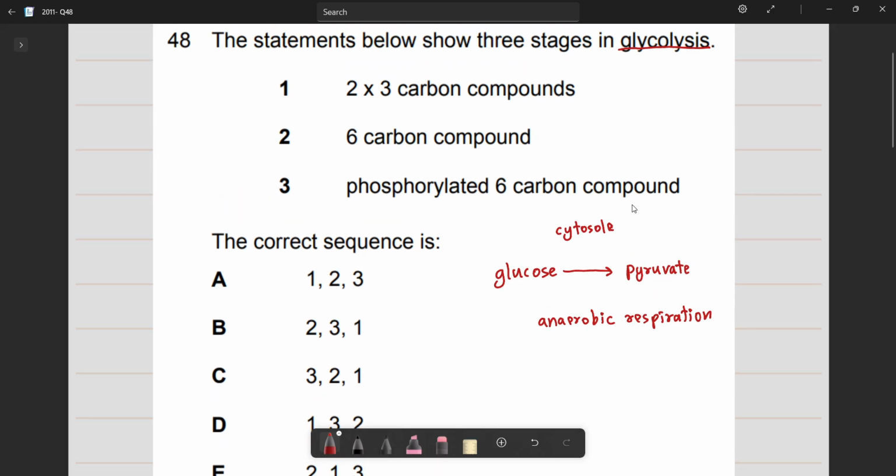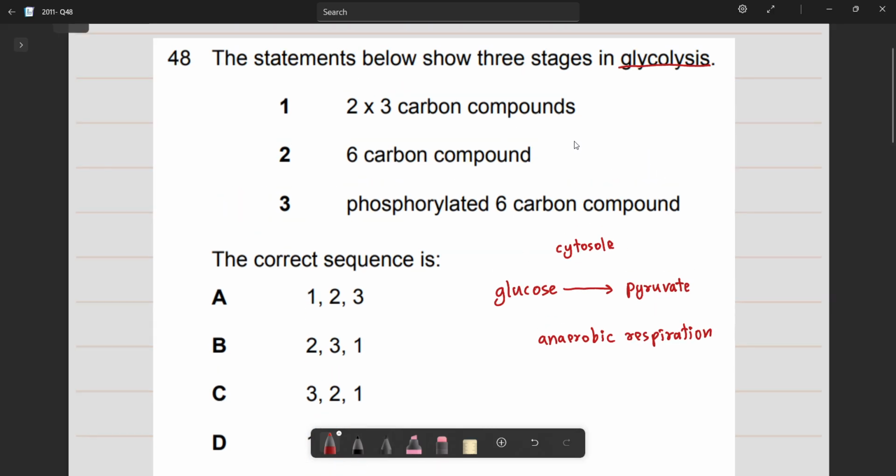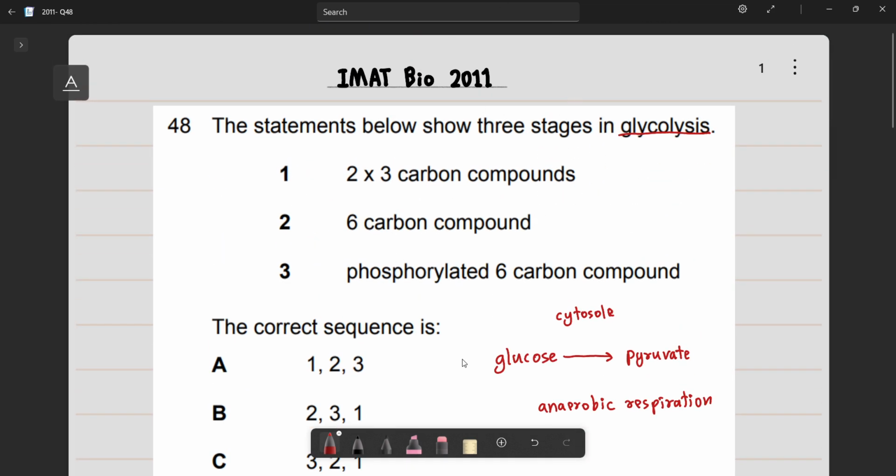But for this question, the most important thing to focus on is the compounds, the products and the reactants that are involved in glycolysis. Our main focus is to put these into the correct sequence, which occurs first.